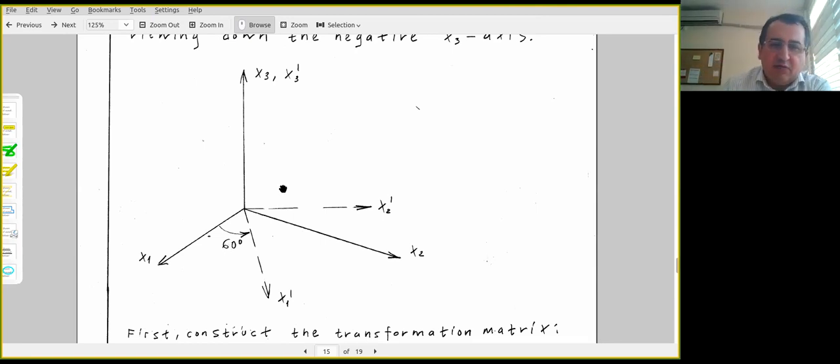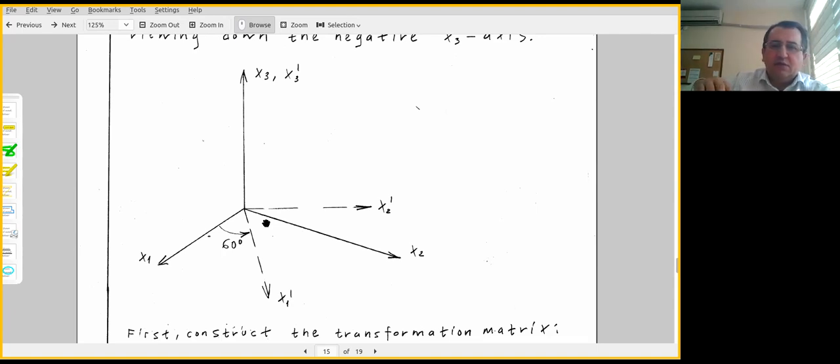Then what's A12 for this transformation matrix? What should be A12? Any answers on this? Yes, Emre and Donat, cosine 150. And A13, what's A13 here?